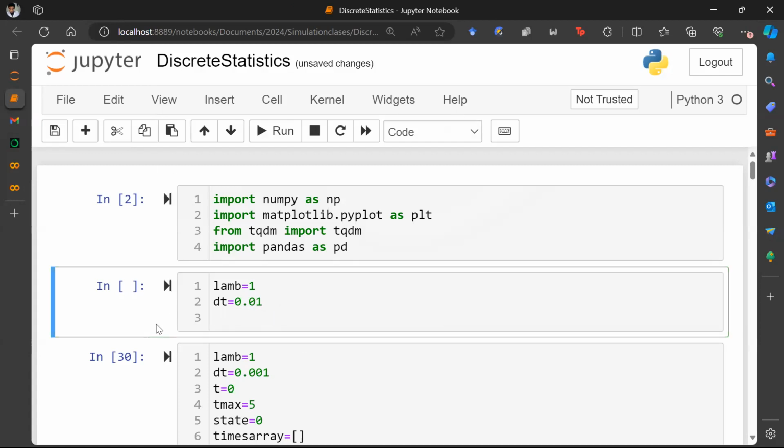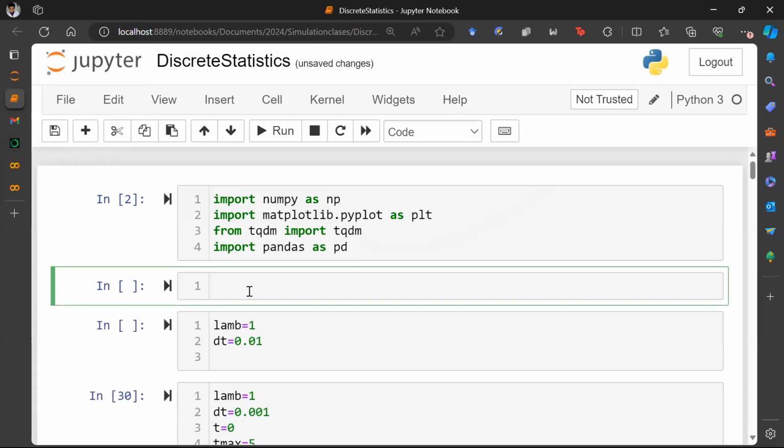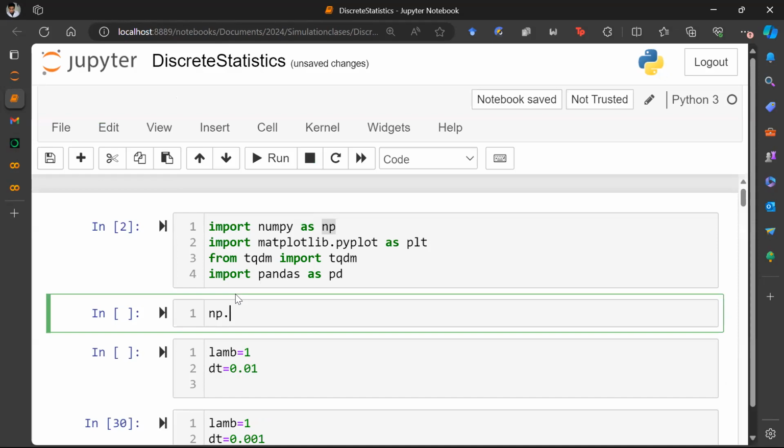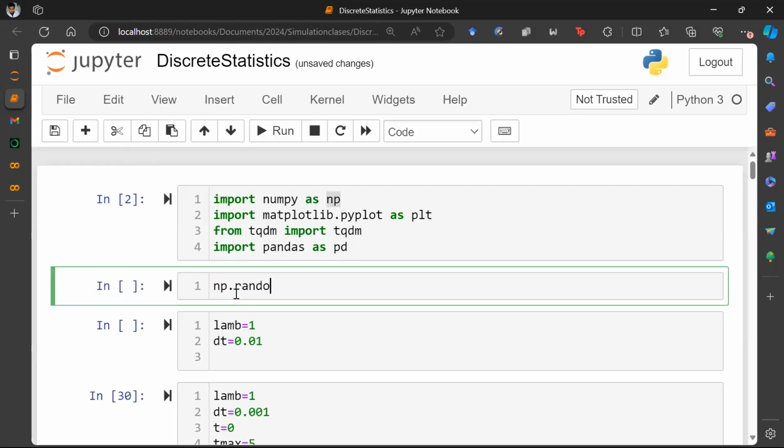So what you do usually is to produce a random number between 0 and 1. You use NumPy to do it. So NumPy also has a library for random numbers, actually it's called random, and rand is a function that gives you a random number between 0 and 1 with uniform distribution, and you use these parentheses.